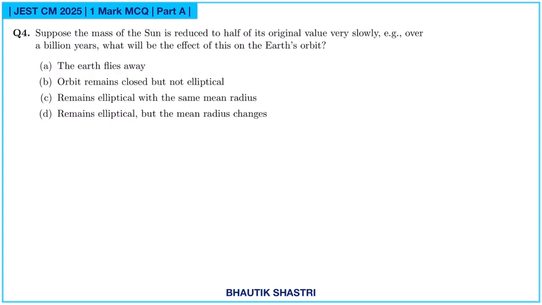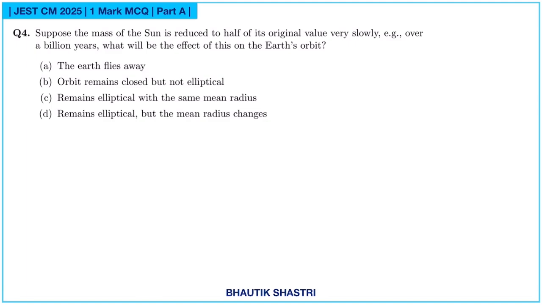Next question. Suppose the mass of the sun is reduced to half of its original value very slowly, that is over a billion years. What will be the effect of this on Earth's orbit? Now here time period of revolution of Earth around sun is 1 year, and here the time frame is billions of years. So this is an adiabatic process. In classical mechanics, when a parameter of a periodic system changes slowly compared to the period of motion, the action variables are conserved.